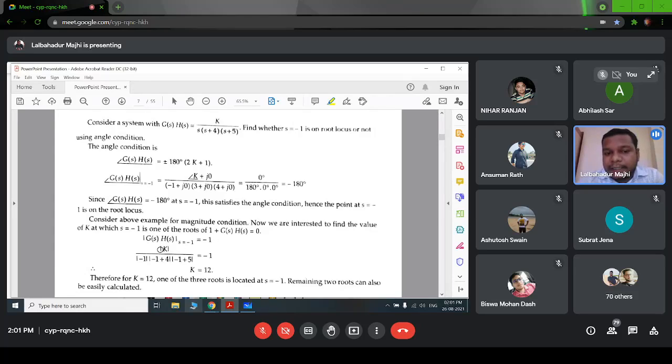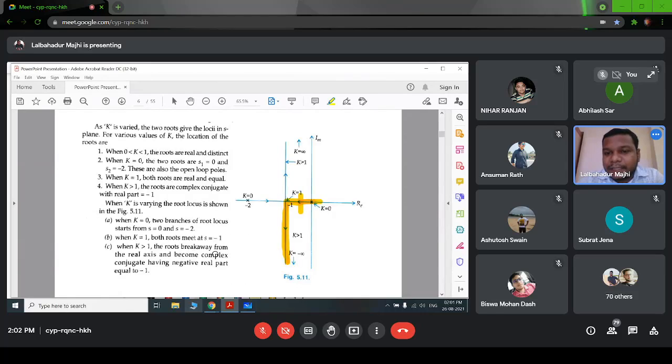So similarly, we can determine the value of gain k. At that point, what should be the value of k? From this diagram, we can see here at minus 1, right? The point minus 1, we can see the value of gain equal to 1.